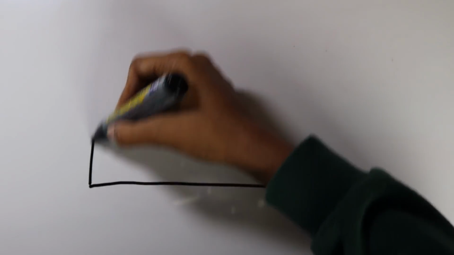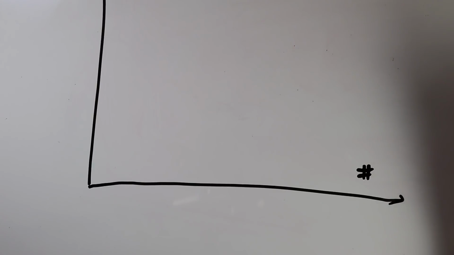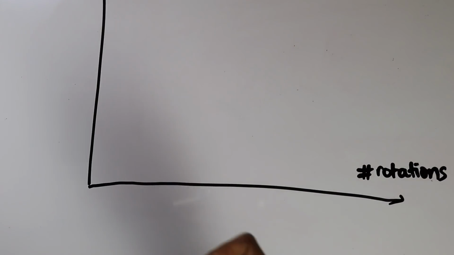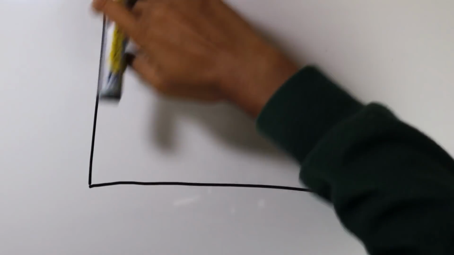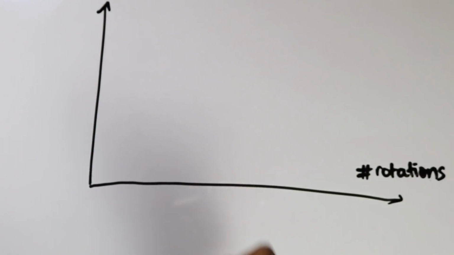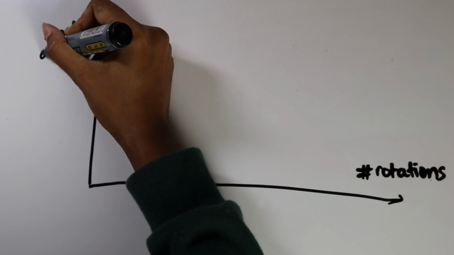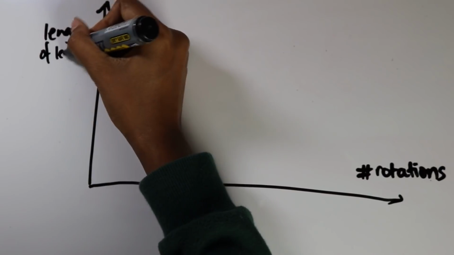It so happens that this is actually a nice function and a very important one. It's called the exponential, although in this case it's exponential decrease. On this axis we're going to have the number of rotations, and on that axis we're going to have length of leaf.